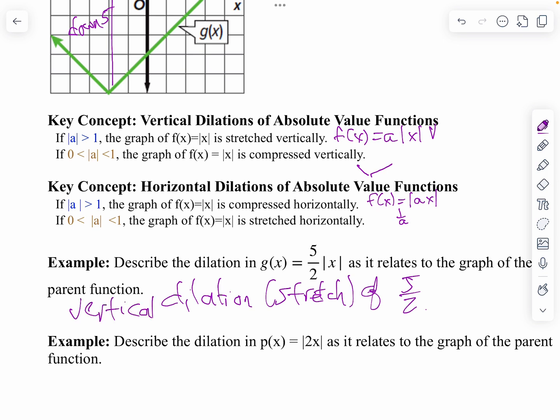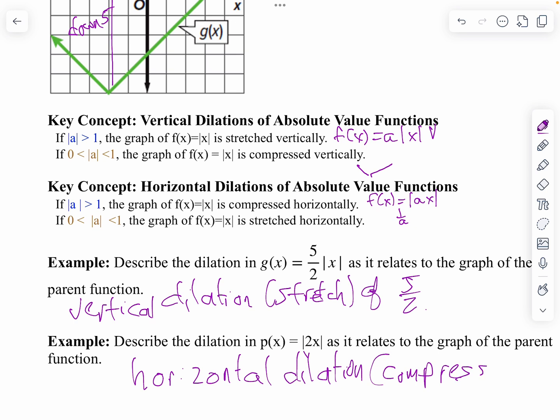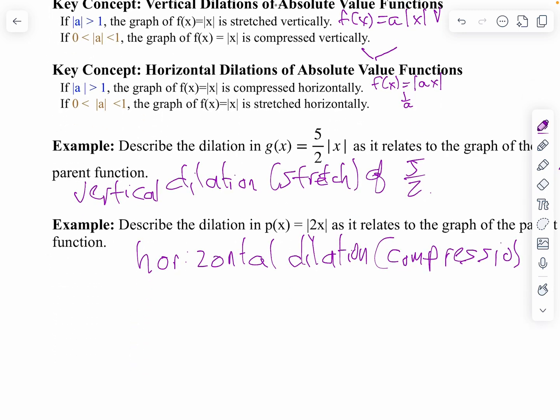On the next one, it's a horizontal dilation. And then that's actually going to be a compression. Why is it going to be a compression? Because what's the reciprocal of 2? So I'm going to be multiplying by 1/2.